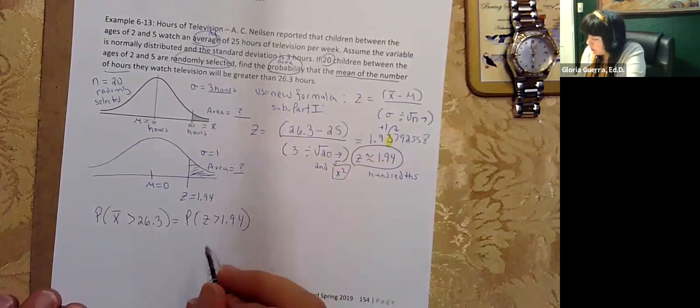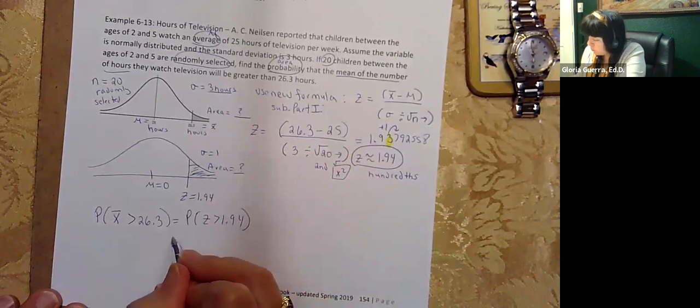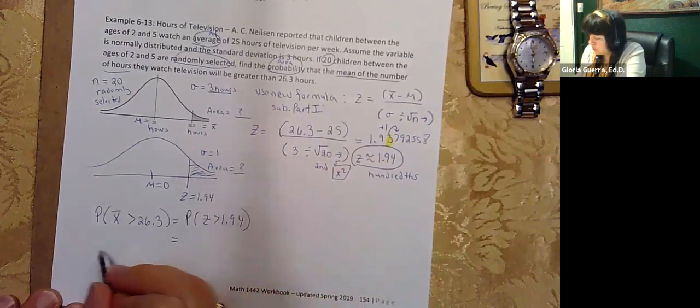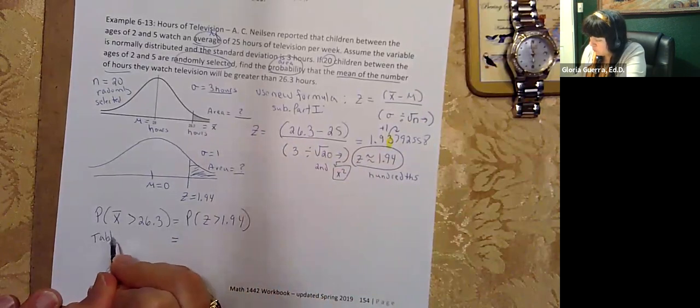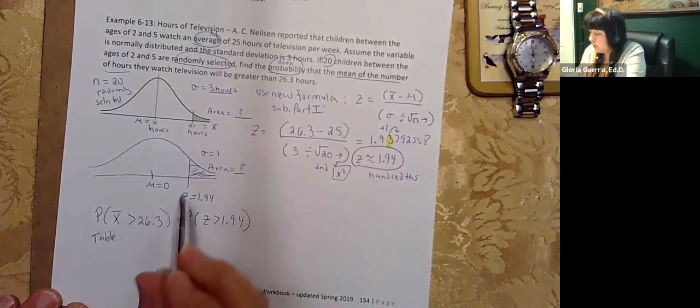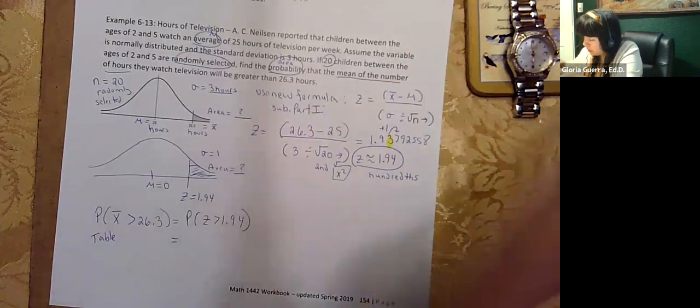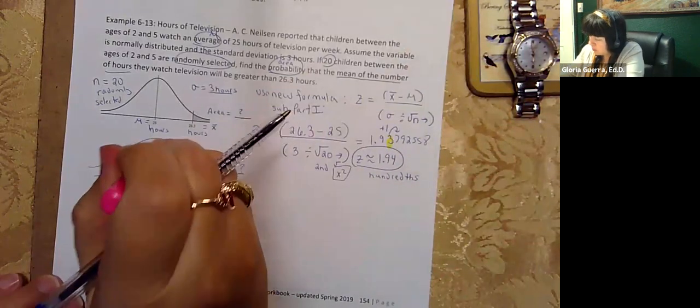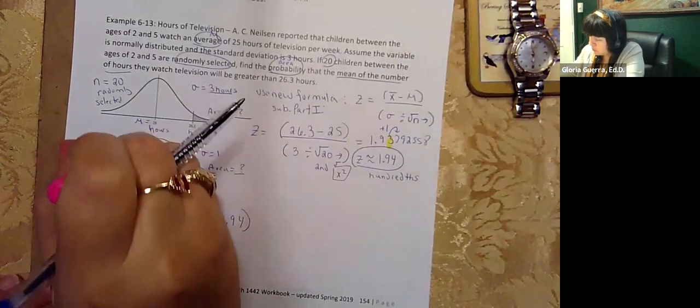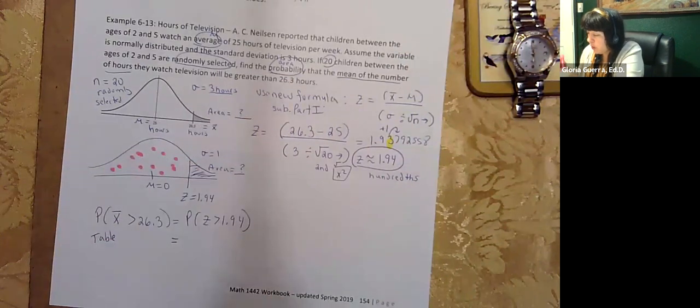And then when we use the table, you can only use a table, and you're looking at areas to the left. So the whole area underneath the curve is 1 or 100%.